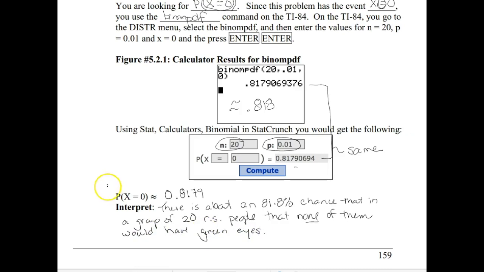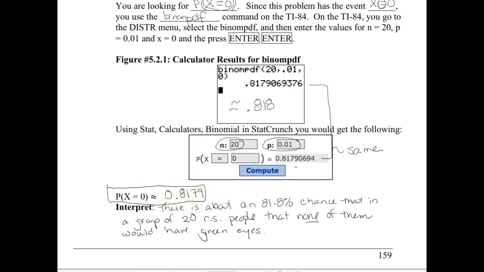Now again, if we take this statement here, the probability that x equals 0 is approximately 0.8179, and if we translate all those symbols back into the wording of the problem, keeping in mind that x was counting the number of people with green eyes out of 20 randomly selected people, this statement basically says the probability that the number of people with green eyes out of 20 randomly selected people is 0 is approximately 0.8179.